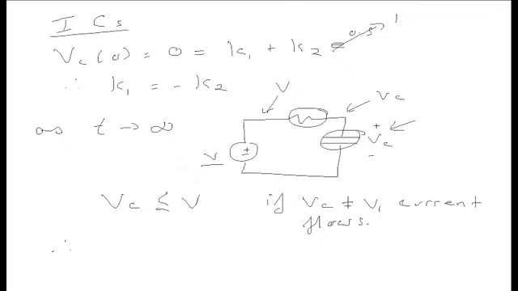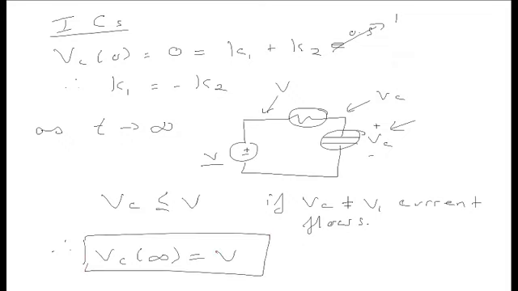Therefore, we can make the conclusion that Vc at infinity, that is to say, once time has gone on for a very long time, is equal to our voltage source V. This implies that k1 is equal to V, because we'll have e to the power of something. Turns out that something will have a negative exponent. But let's prove that before we can really agree with this statement here.